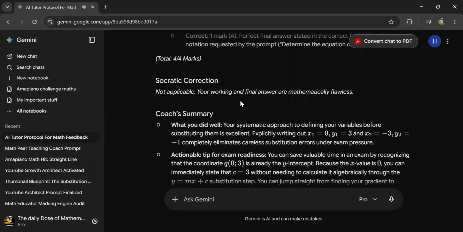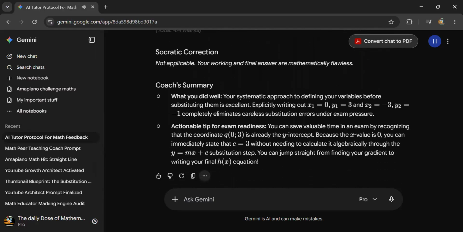Coach's summary. What you did well: your systematic approach to defining your variables before substituting them is excellent. Explicitly writing out x_1 equals 0, y_1 equals 3 and x_2 equals -3, y_2 equals 1 completely eliminates careless substitution errors under exam pressure.